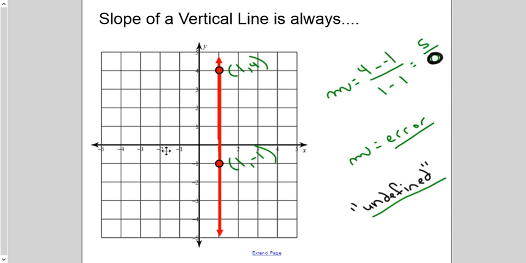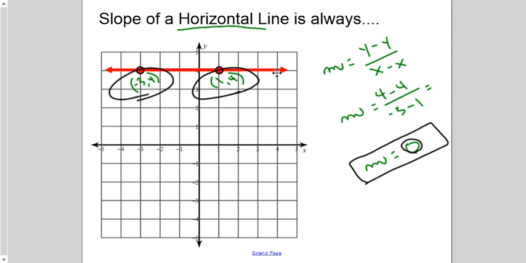Now, the other thing I'd like to take a look at is what the slope is. For horizontal lines, you get 0 on top, and then you get a different number on the bottom, but the 0 is on top, and 0 divided by anything is 0. So you always get that 0 answer for the slope. The other thing is that you'll notice that the y values are exactly the same on horizontal lines.